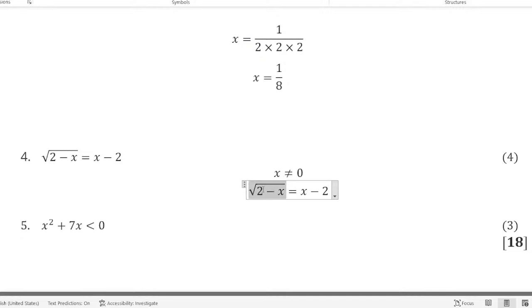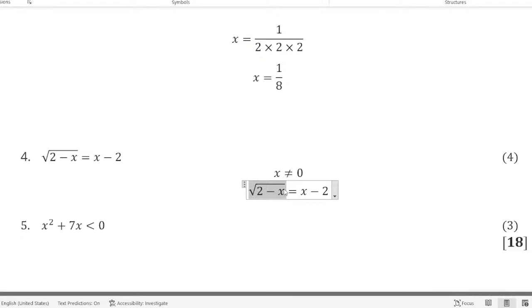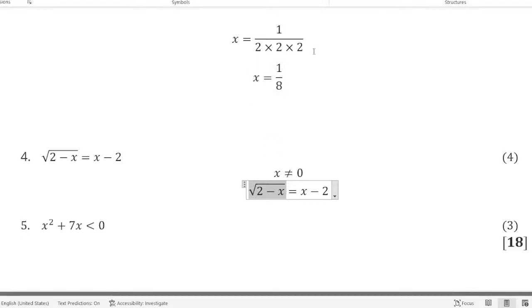So we're going to square the left hand side, everything that is under the square root. So we are going to square the square root of 2 minus x. We're gonna put it inside brackets.